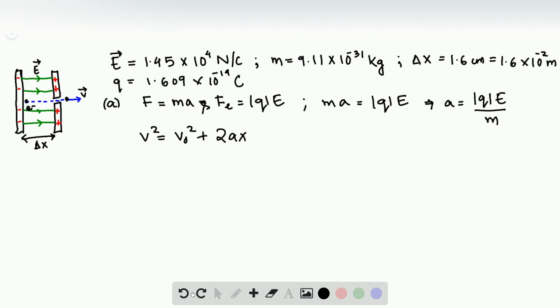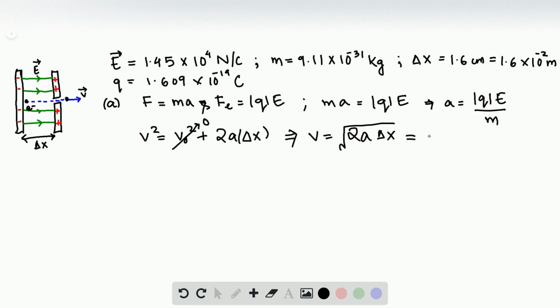So here our x is basically delta x. So we can simply substitute delta x here. And since the electron is starting from rest, the initial velocity is simply 0 in this equation.